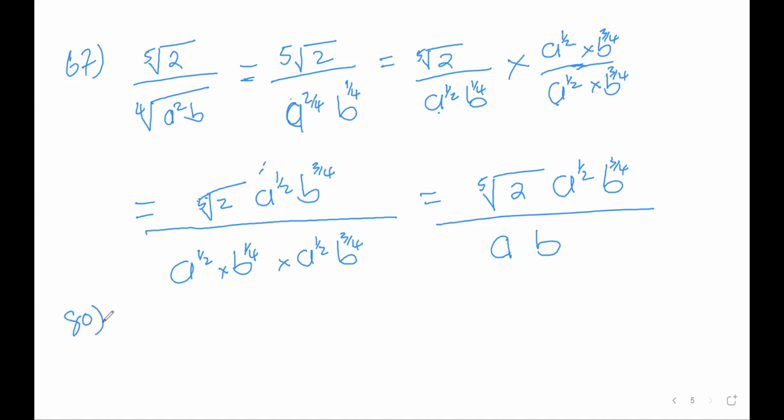Rationalize the denominator of 3 divided by the cube root of y times the fourth root of x. Let's just take another page. We want to rationalize the denominator of that.